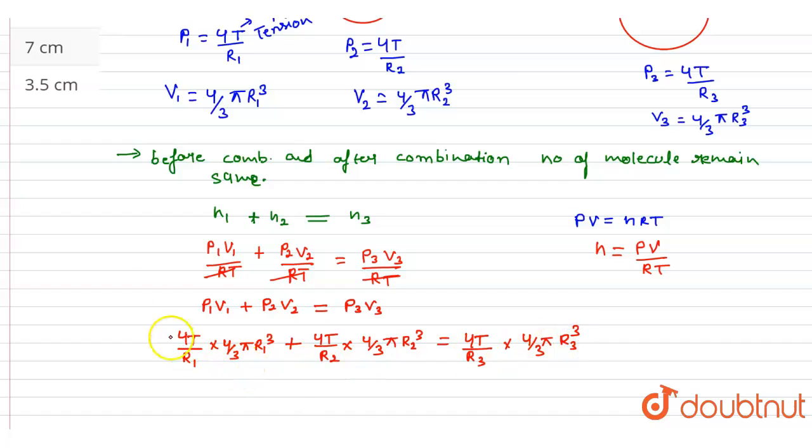You can easily see here that R1 and R1 will cancel out, R2, R2, R3, R3.